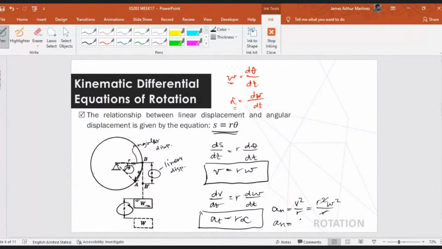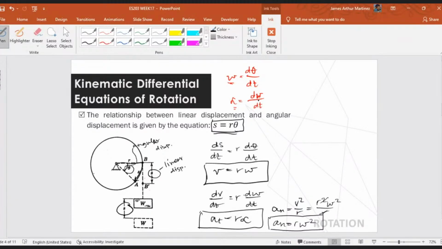Our normal component of acceleration is just equal to the radius times omega squared, where omega here refers to the angular velocity. Okay? So basically, these are the relationships between the linear and angular systems for displacement, velocity, and acceleration.